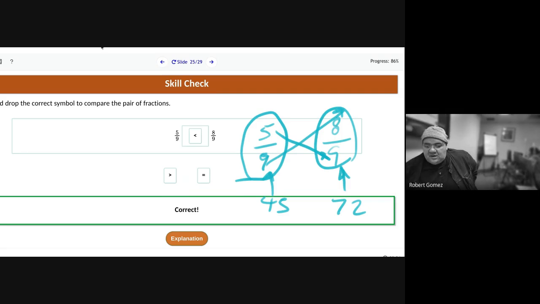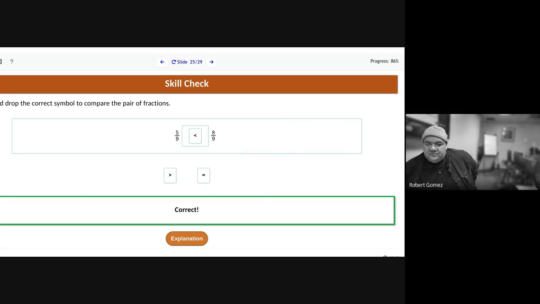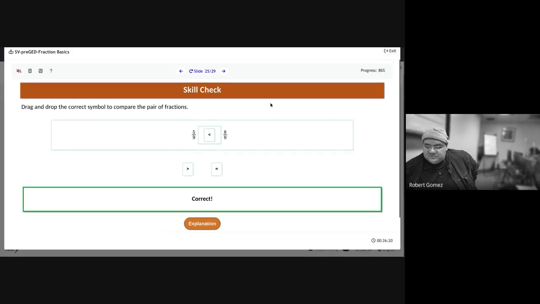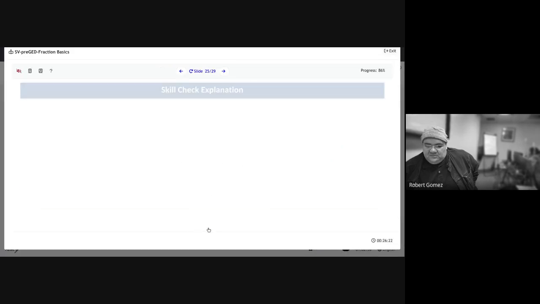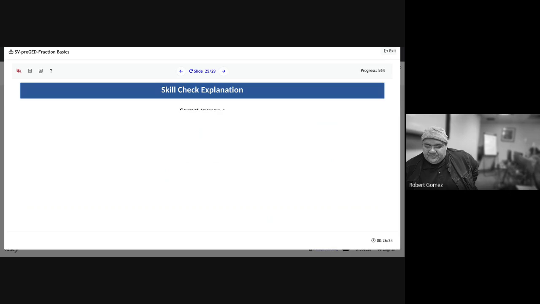So let's look at our explanation here. Once again, it is less than. Now this one was a little easier because it had the same denominator, and we could have done it like that too.